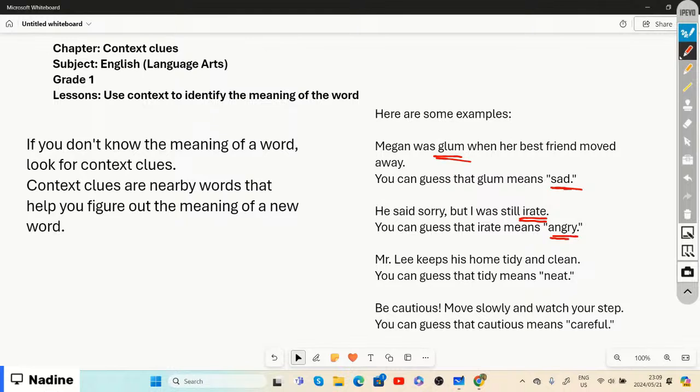Another word for irate is angry. If we specifically look at our sentence, the words tell us that he is actually angry, because as much as he said sorry, it's like, I don't want to hear it, this is how I feel.